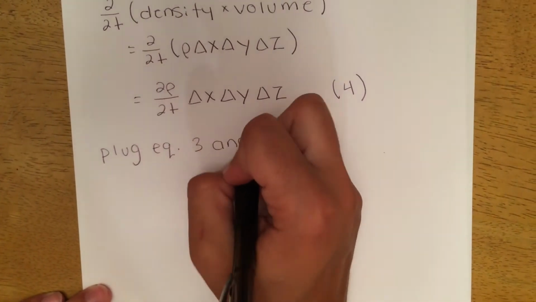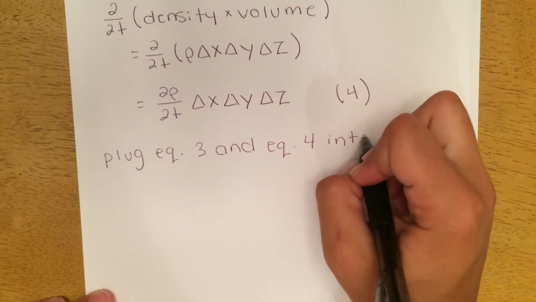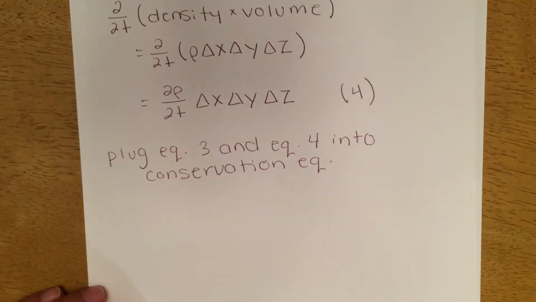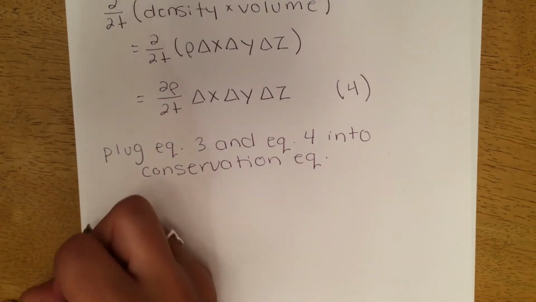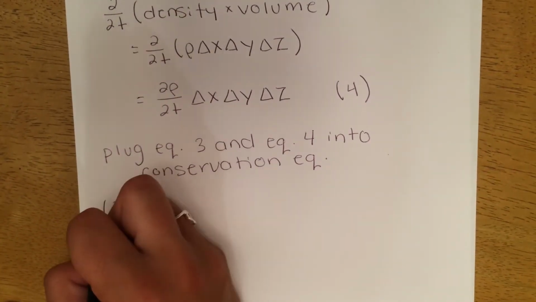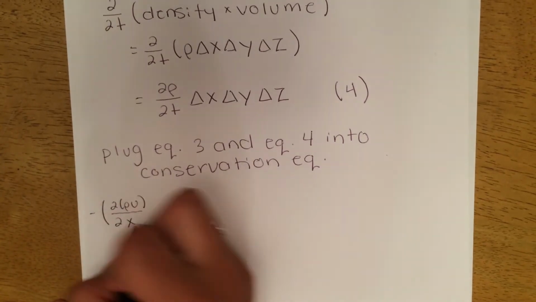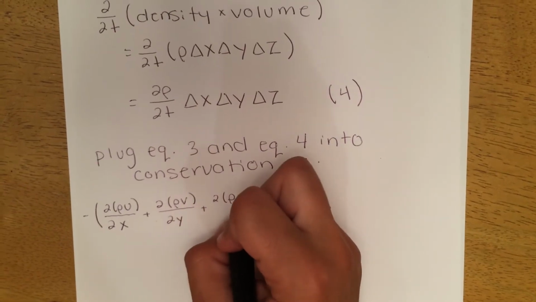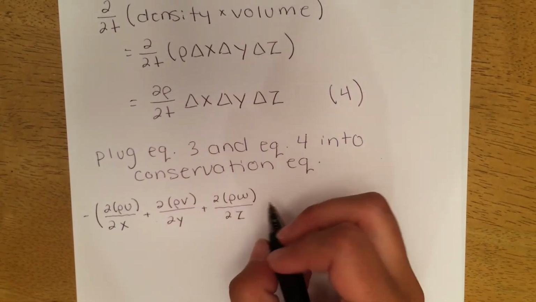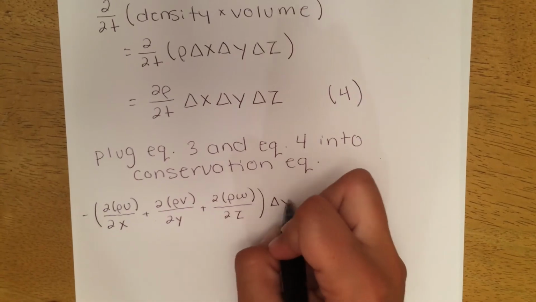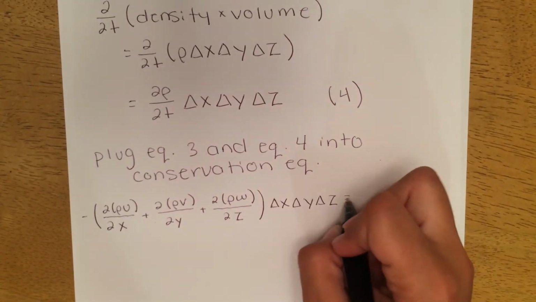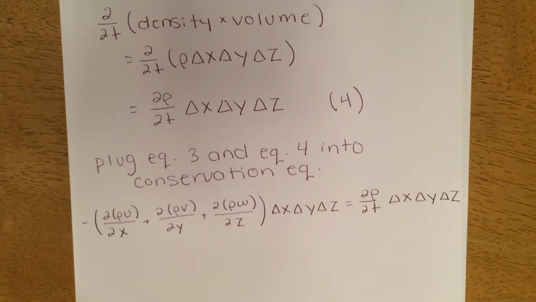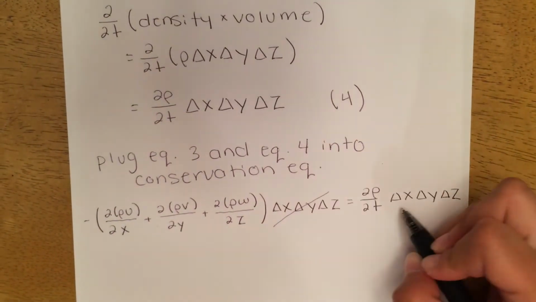We now plug equation 3 into the left-hand side of the conservation of mass equation, and equation 4 into the right-hand side. The volume appears on both sides of the equation and can simply be dropped.